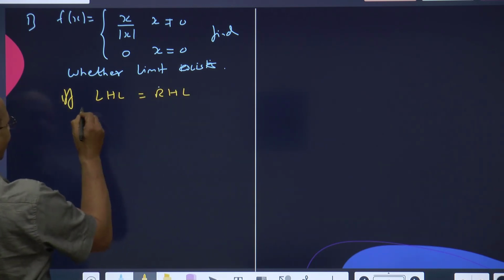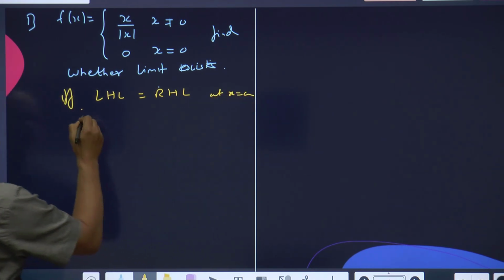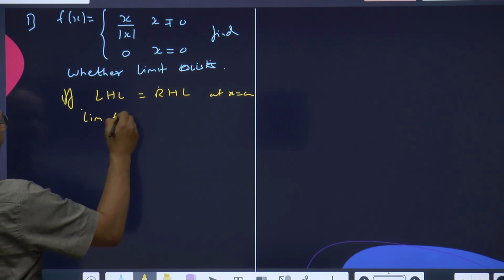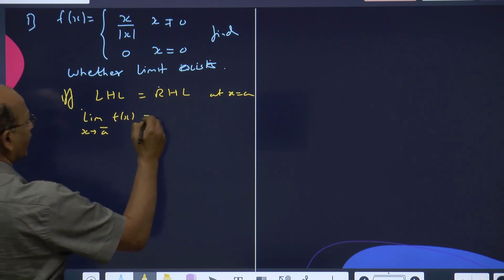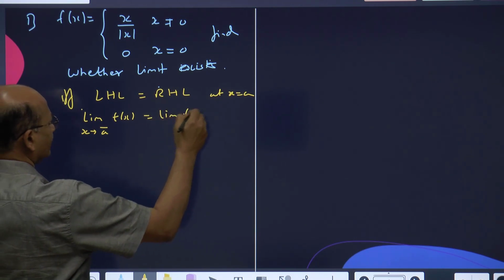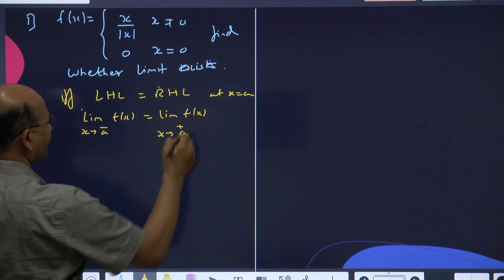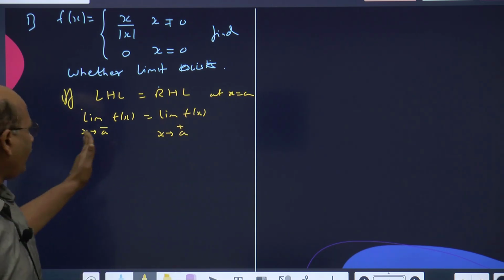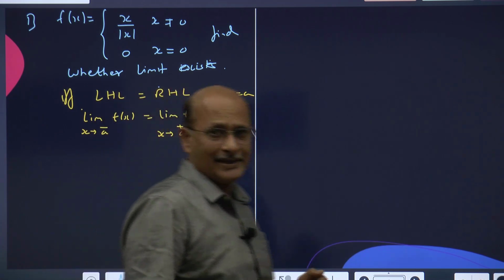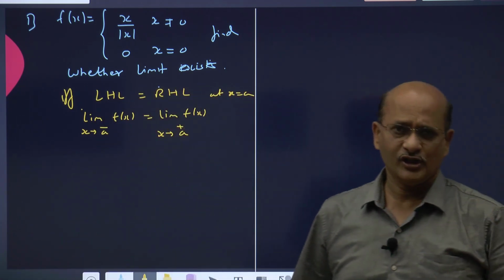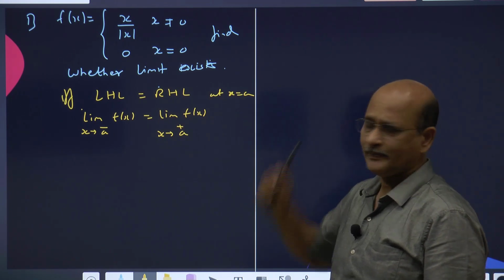Left hand limit at x equals a: limit of f(x) as x tends to a minus is equal to limit of f(x) as x tends to a plus. So as I said, right of a and left of a, if these two values become equal, I can say limit of a function exists at this particular point x equals a.